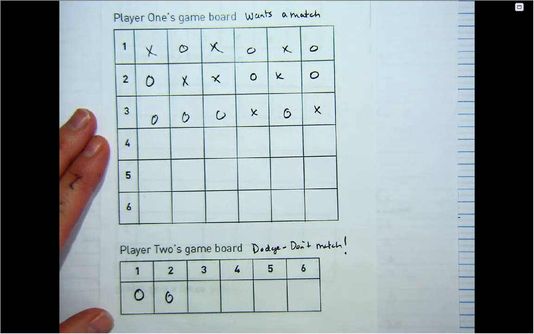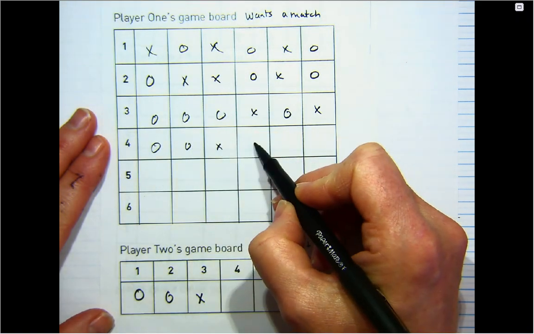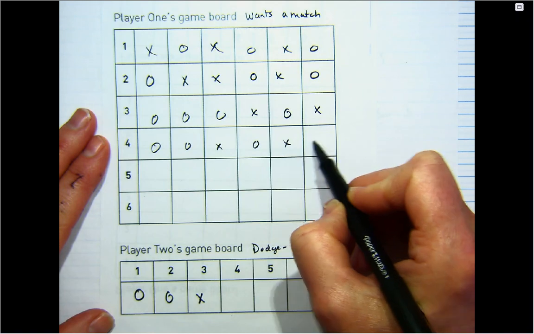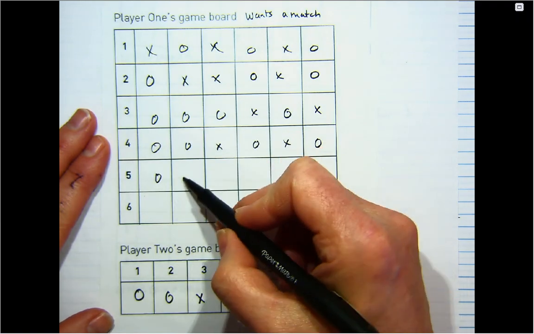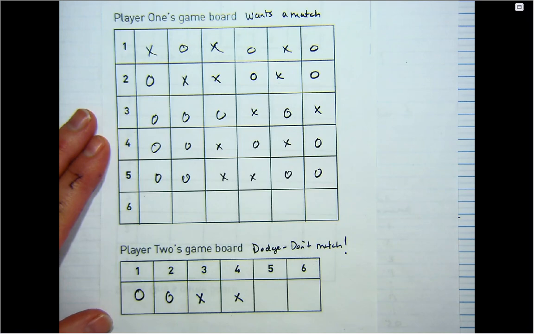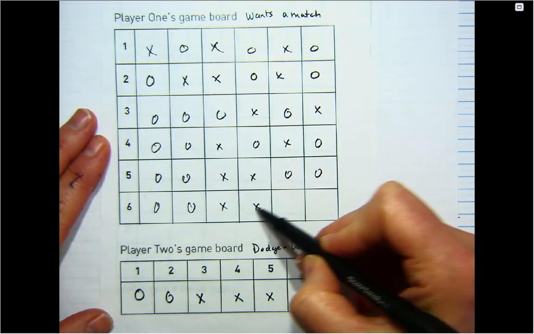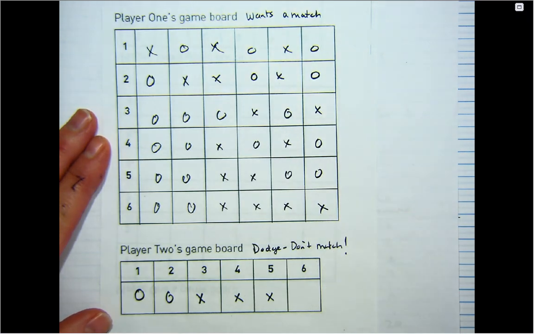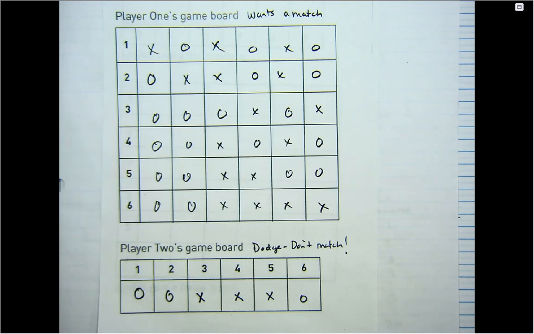Okay, player 2, X. Okay, X. Okay, X. O. Oh, okay. Well, you did win. There is no match. You did good.